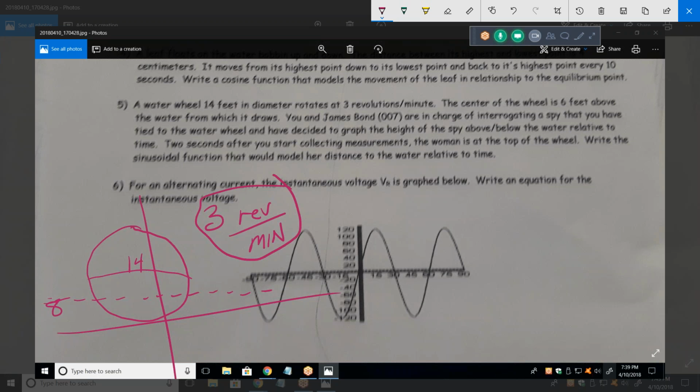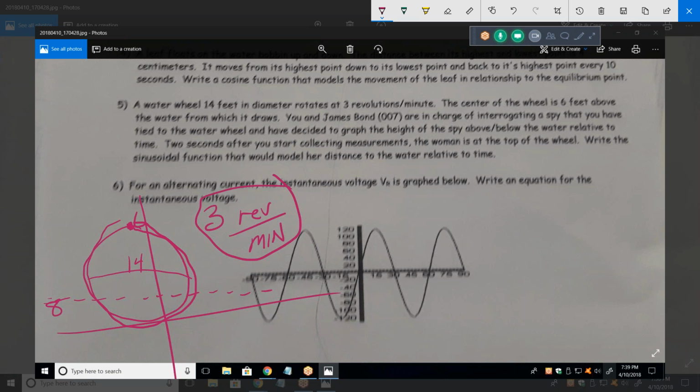The period, right? Remember what the period is. That's the point where a point makes 1 complete revolution and gets back to the same point. So they're saying this water wheel turns 3 complete times every minute. We're going to be able to figure out the period from that.